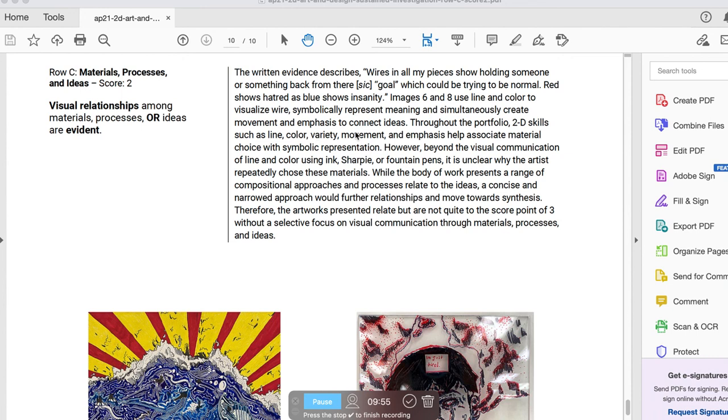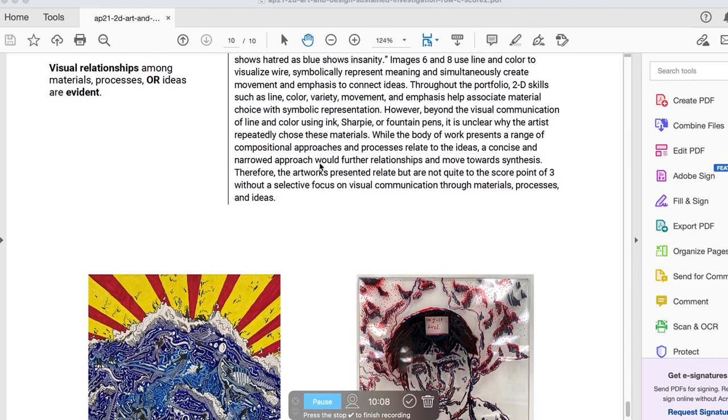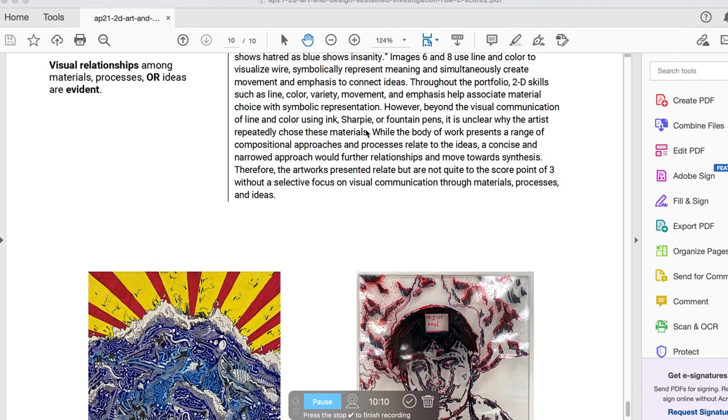Throughout the portfolio, 2D skills such as line, color, variety, movement, and emphasis help associate material choice with symbolic representation. However, beyond the visual communication of line and color using ink, Sharpie, or fountain pens, it is unclear why the artist repeatedly chose those materials.